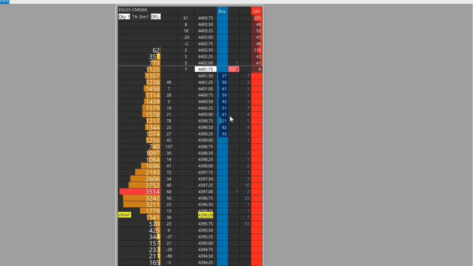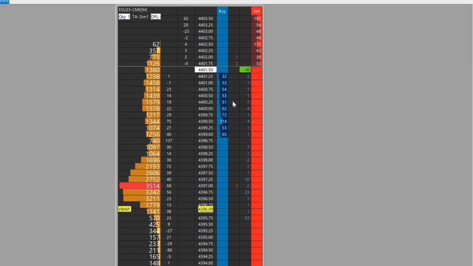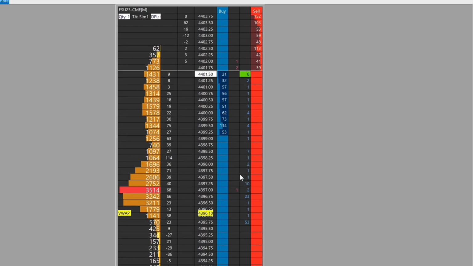You can notice in this column that there are orders that have remained, which are the orders that were executed in the past. We can see that in the past there were 23 buyer orders that were executed at 4,396.75. For those who know, it is a bit the equivalent of the footprint.